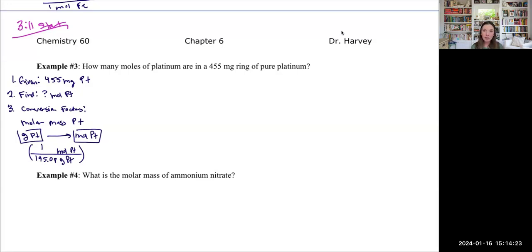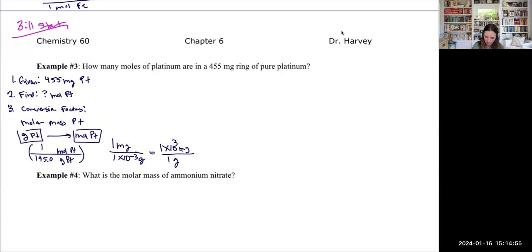So we'll need to also use our prefix. So remember that 1 milligram contains 1 times 10 to the negative third grams. That's equivalent to, if you have a negative 3 downstairs on that ratio, the same as 1 times 10 to the positive third milligrams in 1 gram.